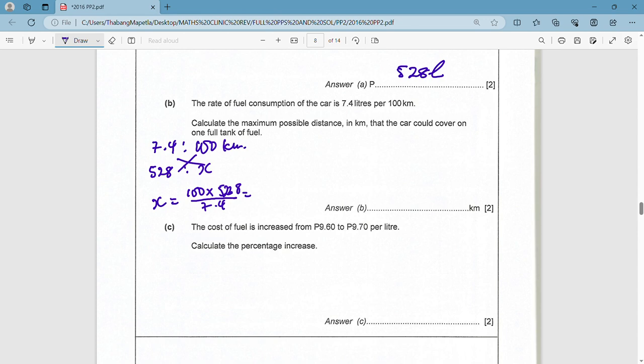Let me punch that on the calculator. 528 times 100, divided by 7.4. That is going to be 7,135.135135.